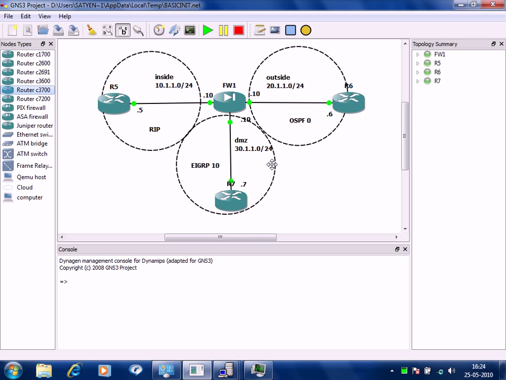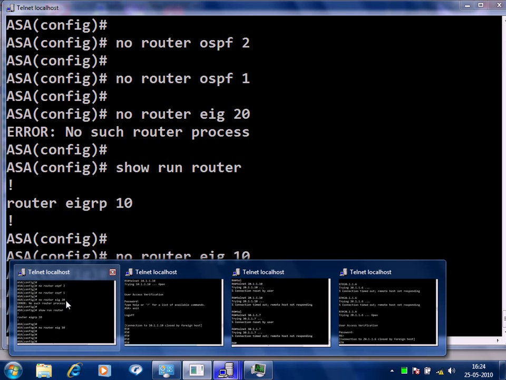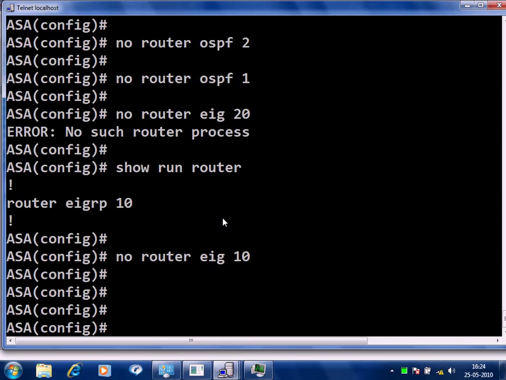So let's configure EIGRP, OSPF and RIP, all three on ASA with authentication as well. Yes, we will make loopbacks over there. We can't make them over here, no?